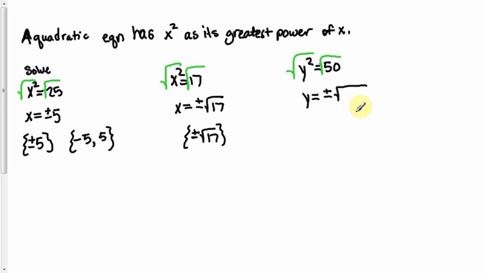What is it? 25 times 2. So you're going to do what you learned a few weeks ago, how to simplify a radical. You're going to take the square root of the part that you can take the square root of, which is 25, so plus or minus 5 times the square root of 2. So your answers are positive 5 root 2 and negative 5 root 2. Any questions?